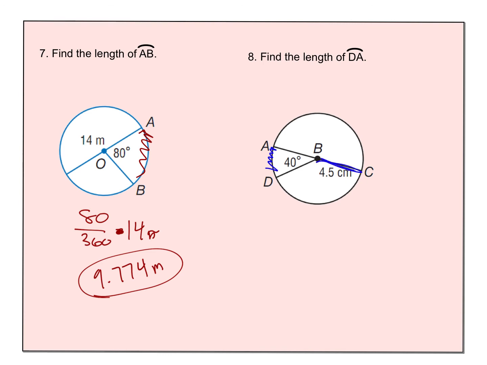So I'm calling this the radius. I'll take 40 over 360 times 4.5 times 2 times pi. A little bit of multiplication, and I get 3.14159. I don't know if you recognize it, but it's just pi. That's your length. That's your measure.